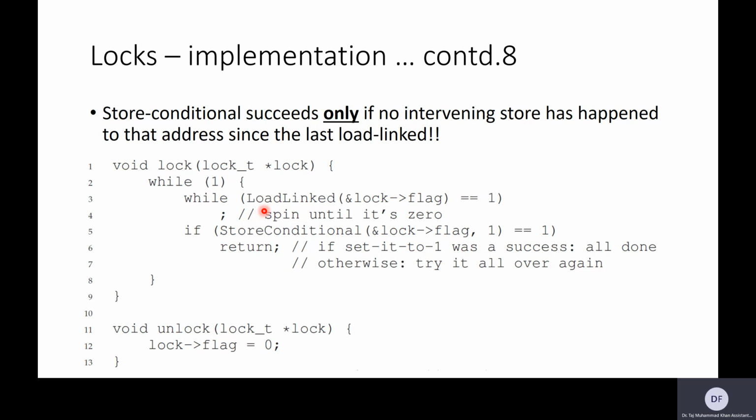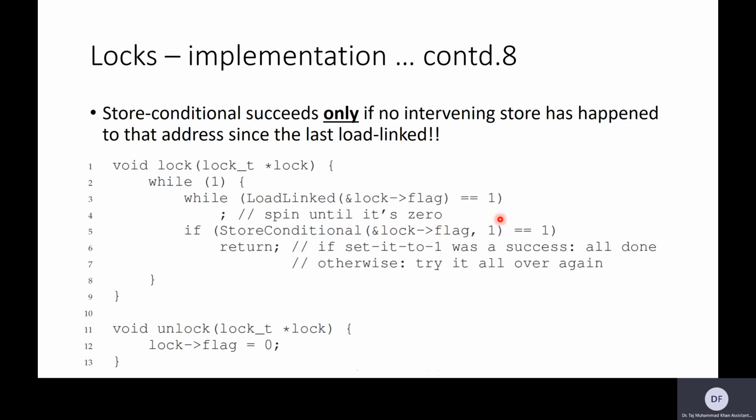After this load linked, it will now try to perform a store conditional on the same address that it read the value from using load linked, the flag address. Remember, the load linked told us that the flag value was 0, so now we know that the flag is free, the lock is free. So we are trying to acquire that lock by writing 1 to the flag address using store conditional.